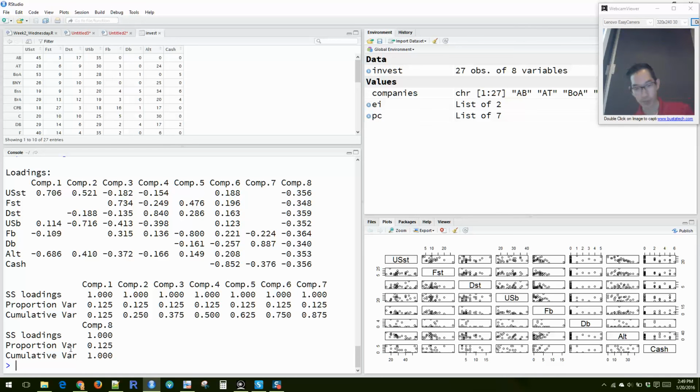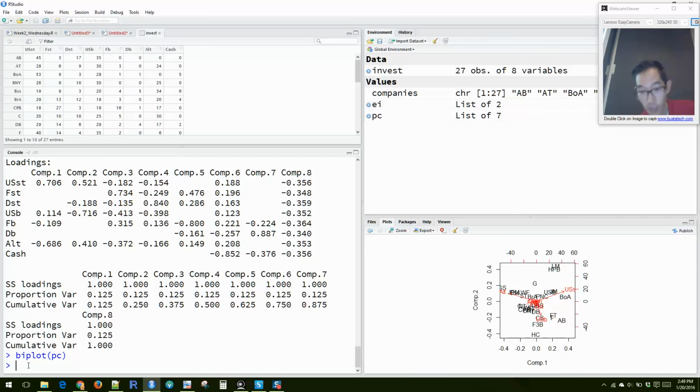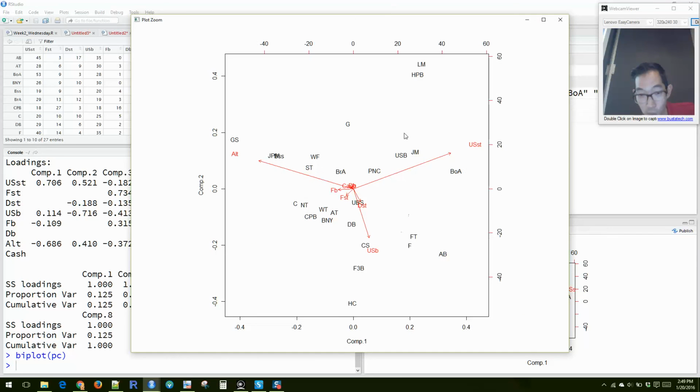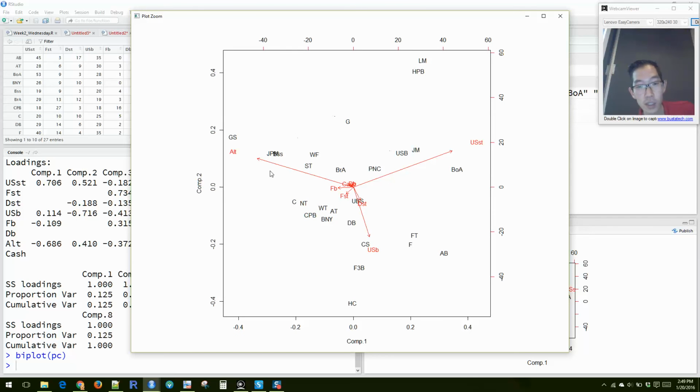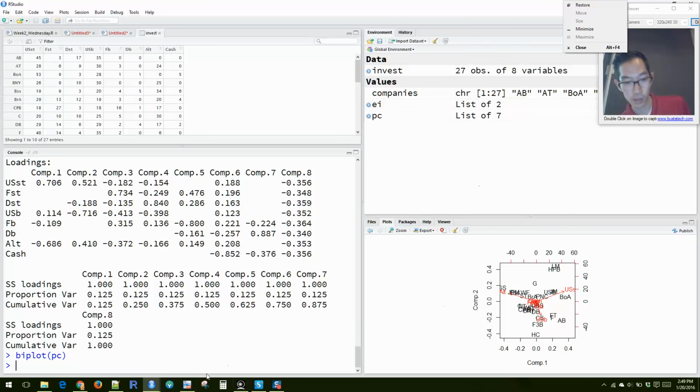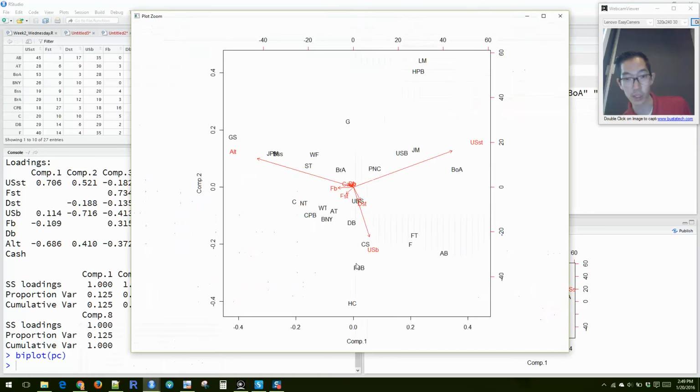I've got like 10 seconds left, okay? And you can create a plot of just your first two principal components. It's called a biplot, okay? And this is what it looks like, okay? And so here we have plotted all 27 of our banks onto the first two principal components, okay?